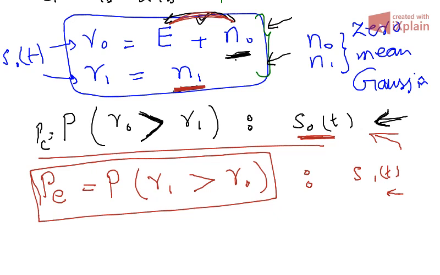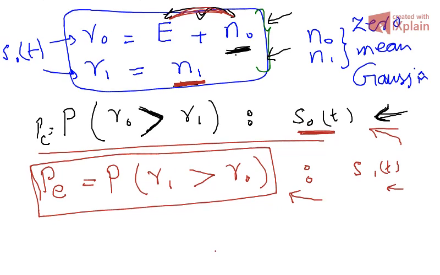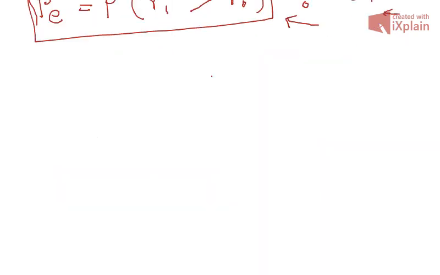We will be using this expression as the base for finding the expression for probability. So let's continue from here, and we try to use this expression to find the probability.